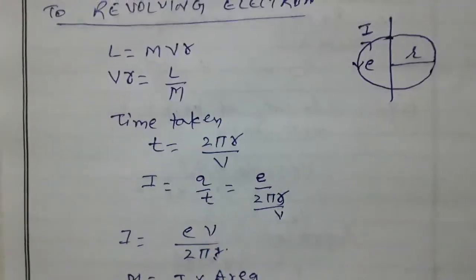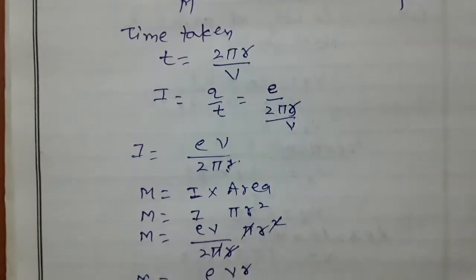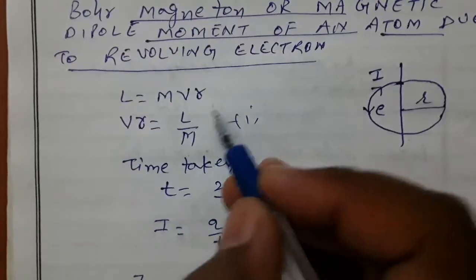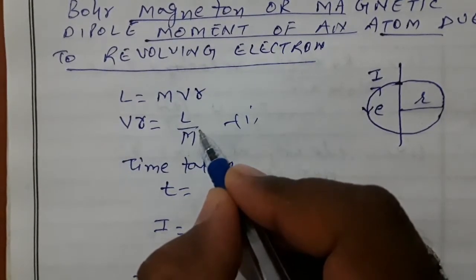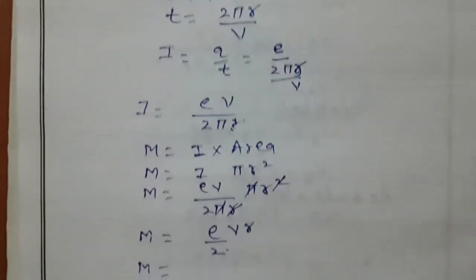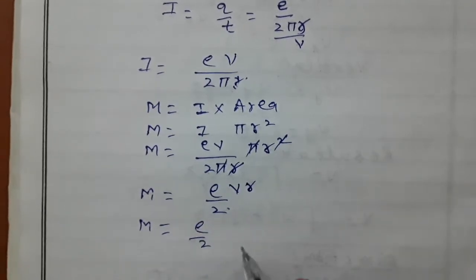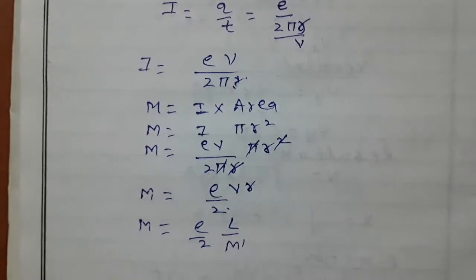From the first equation, vr is equal to L by m, where m is the mass, which we can denote as m dash. Now M is equal to e by 2 into vr, that is equal to L upon m dash.